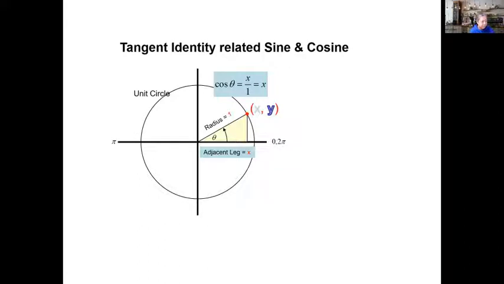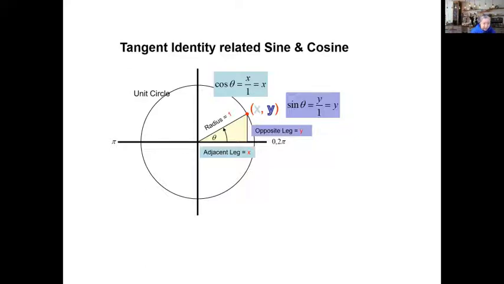In the same manner, when we talk about the vertical coordinate, y, right? Since the sine ratio is the opposite leg over the hypotenuse, which is the radius, the denominator becomes 1, and that said, the exact value of sine of the angle theta is also the vertical coordinate, the y coordinate at the point.